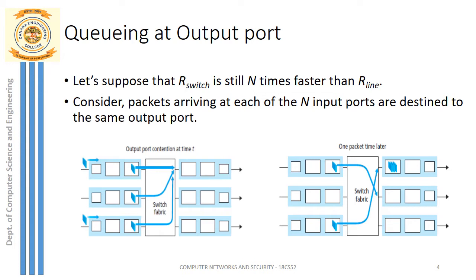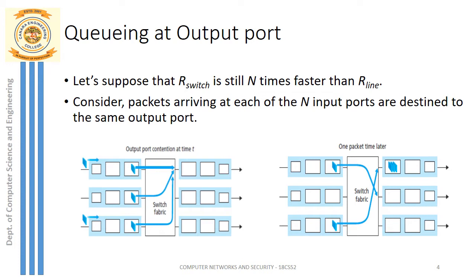As given in the diagram, we consider that we have 3 input ports and 3 output ports. For example, at a given time t, 3 packets are coming into the switching fabric. That means at each input port, 1 packet comes into the switching fabric.